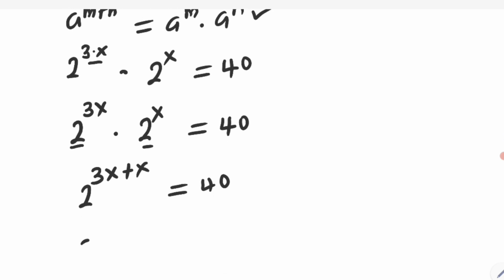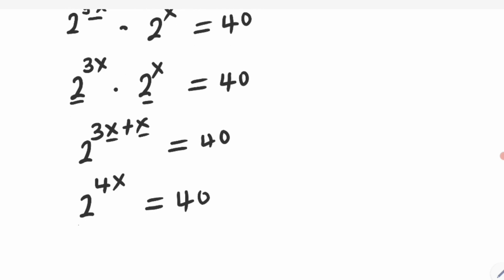Then this is 2 raised to power 3x plus x. This is 4x is equal to 40. Now let us take the log on both sides of this equation. We have log 2 raised to power 4x is equal to log 40.